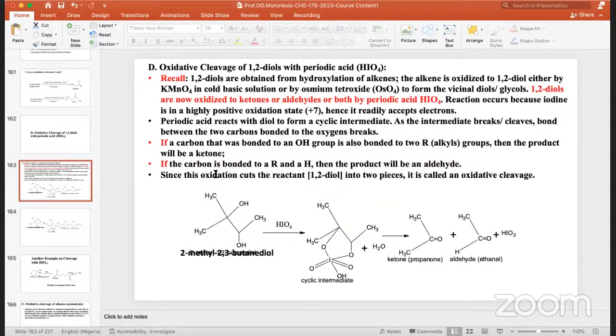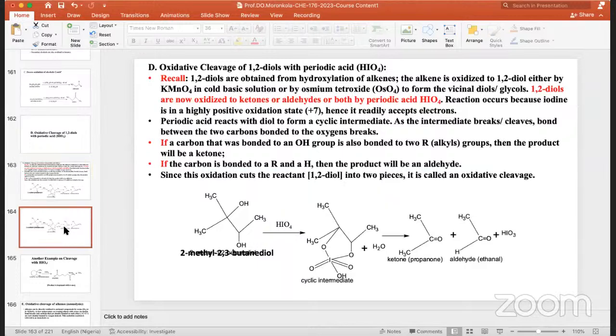But if the carbon of that OH is bonded to an R, a hydrocarbon CH3, and also a hydrogen, there is a hydrogen here that makes it four, then the resulting product from here will be an aldehyde, and that is the ethanal that is coming up from there. So please don't be confused at all.